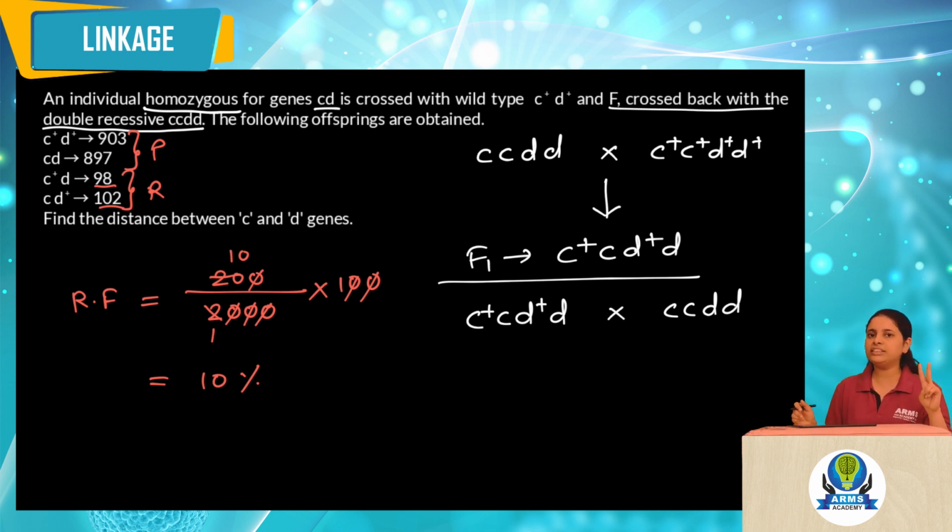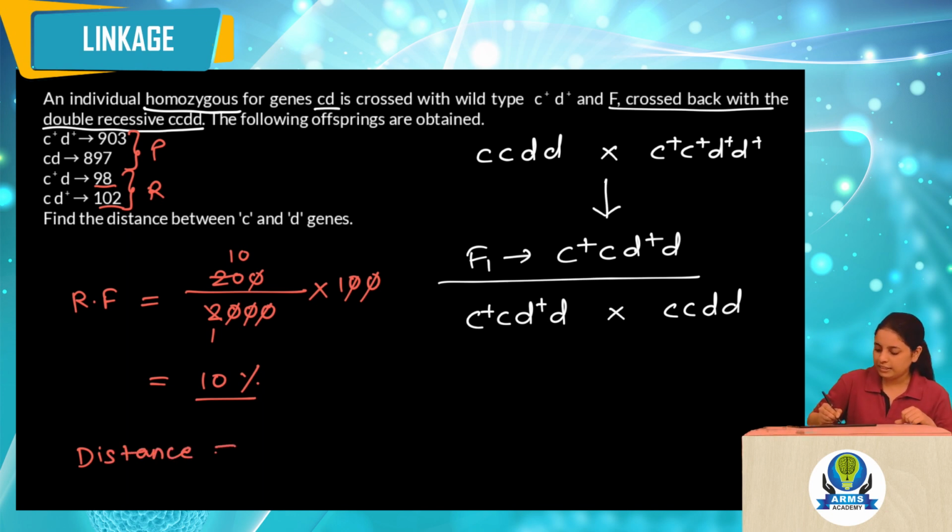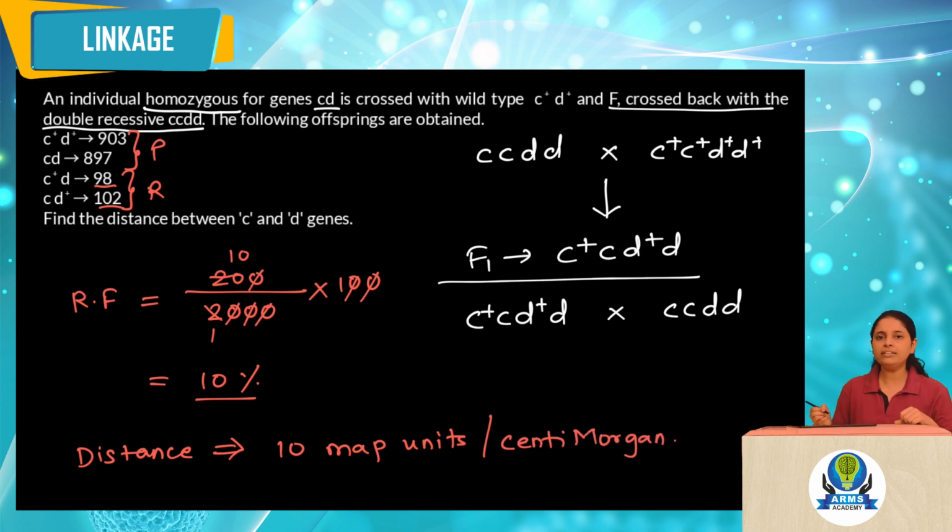So, your 2 genes are gene C and gene D. If the value is 10%, that means the distance between genes is 10 map units or 10 centimorgans. So this is how we calculate the distance between 2 genes.